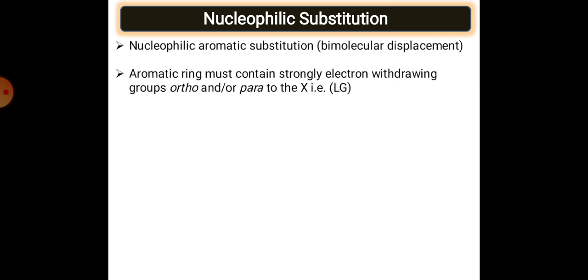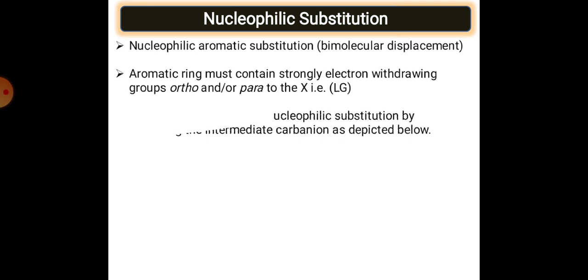We have an aromatic skeleton, NO2 should be there, and at the same time your leaving group is there, that is X. The chemistry of this reaction is that the withdrawing group and the leaving group must be ortho or para to each other. The aromatic ring must contain a strongly withdrawing group like NO2, and it should be ortho or para to the leaving group.